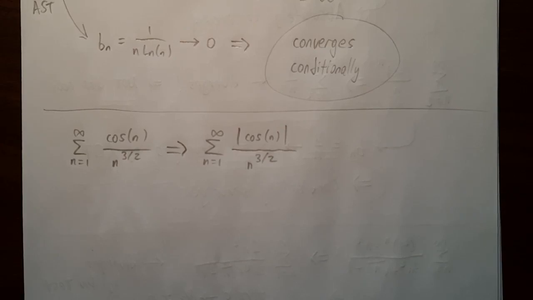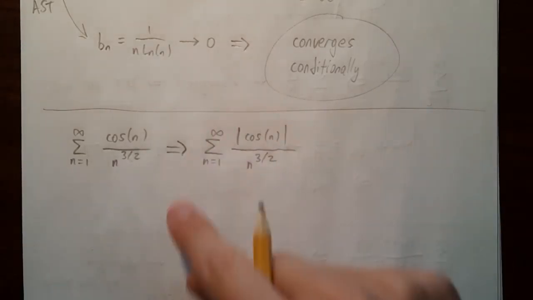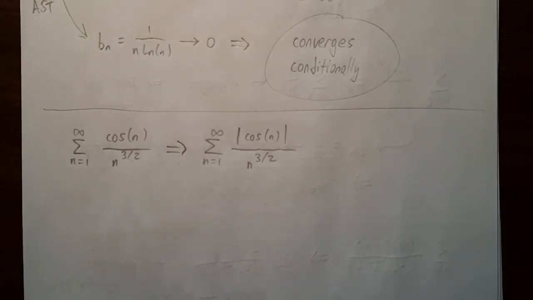All right, so the question is, does this thing converge or not? Well, we have a cosine going on, which is making things pretty complicated. I certainly wouldn't want to integrate that. I'm not even sure if I could. But I don't think we have to.